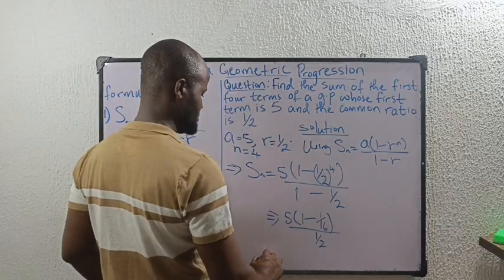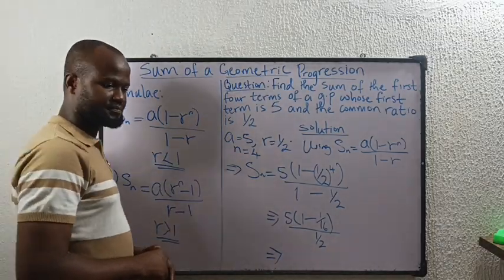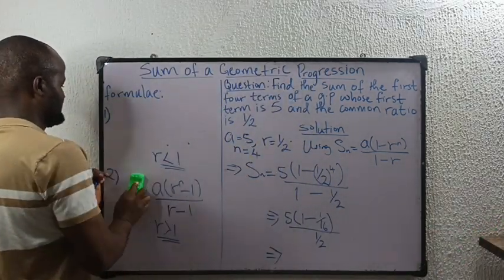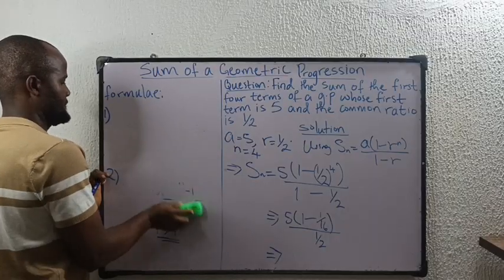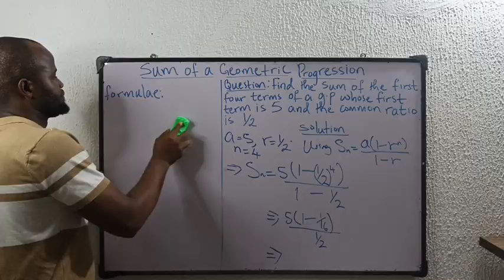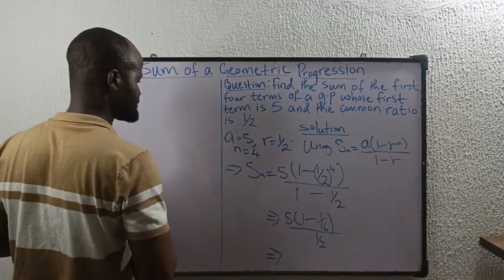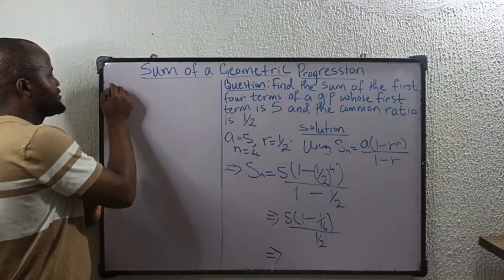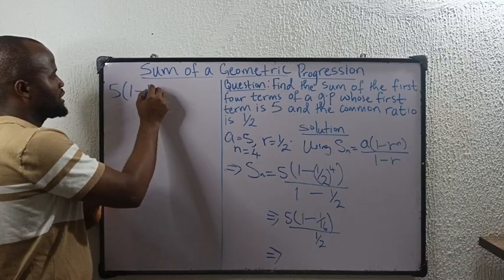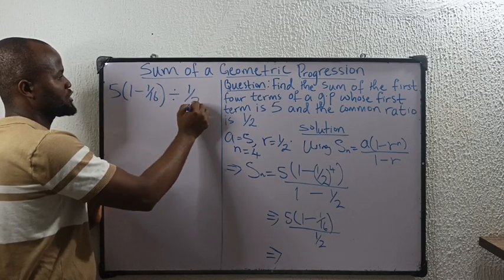So this implies, okay, I'm going to wipe this off now. So here we have 5 into 1 minus 1 over 16 divided by 1 over 2.